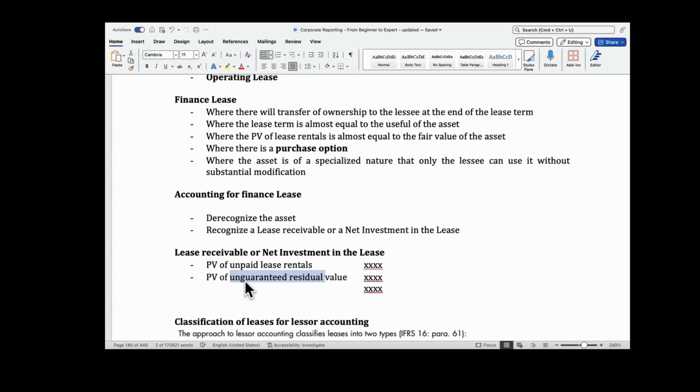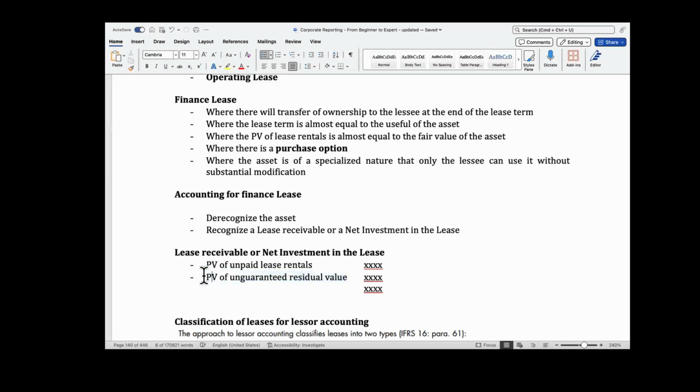It has to come here because it's part of the expectations of the lessor. Even if it's not realistic, it's part of his expectations. And that is why we are having PV of unguaranteed residual value.